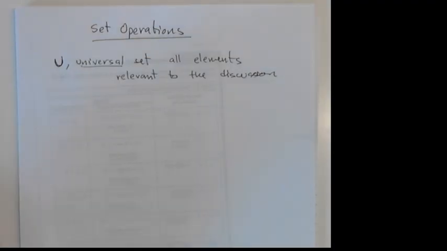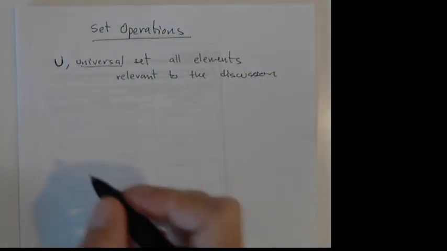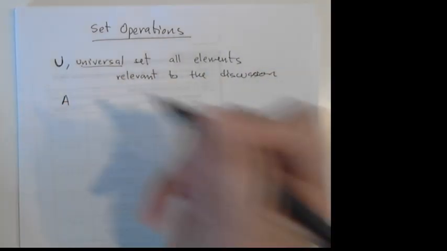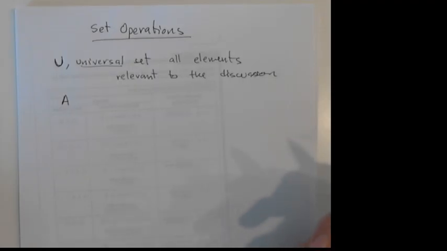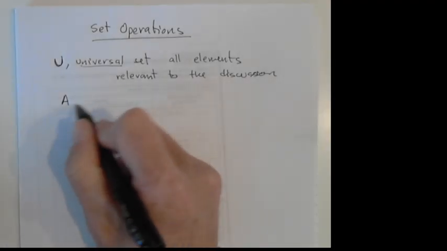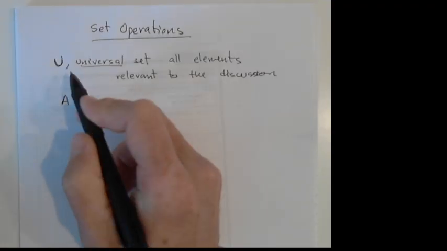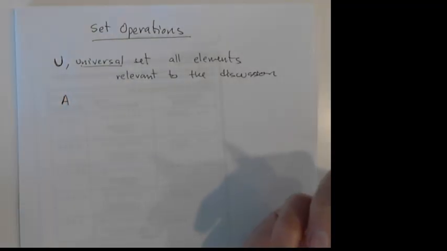Then we have a set A. Let's have a set A, or B or C. All sets are a subset of the universal set.